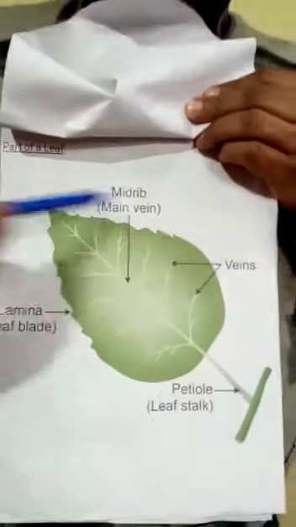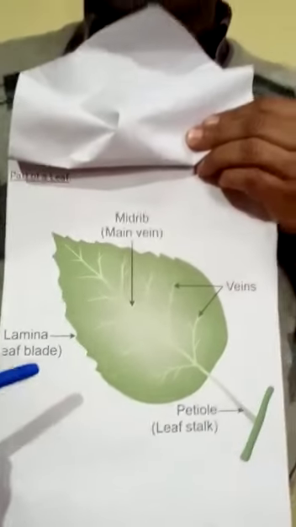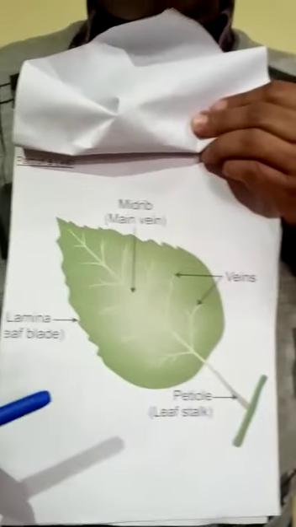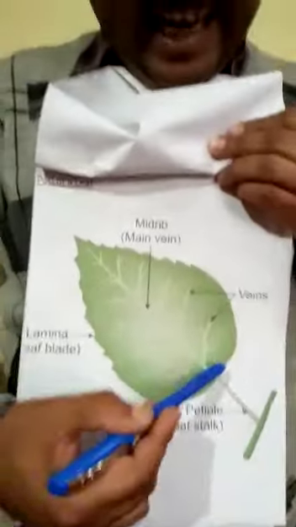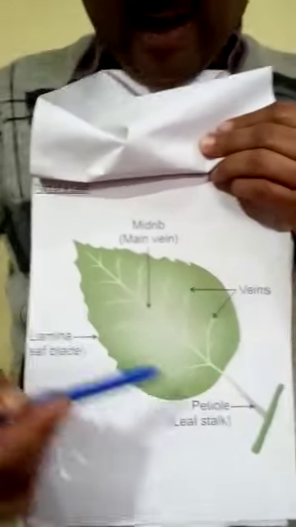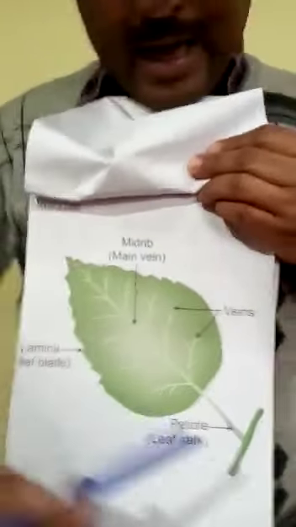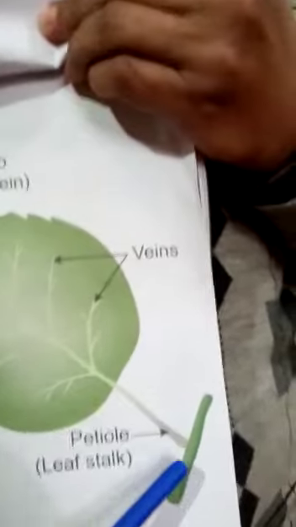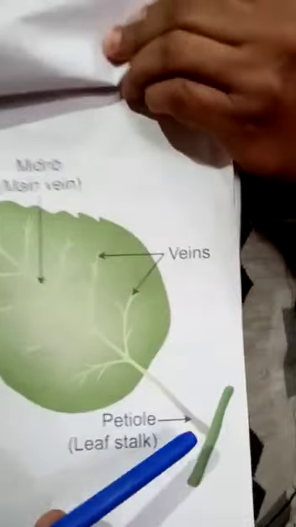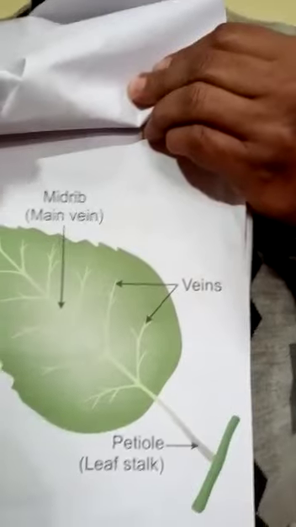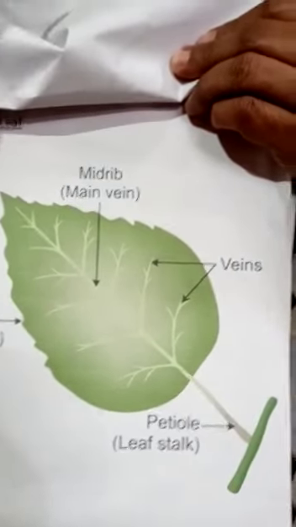It consists of three main regions visible to us. The first is called the leaf base, the second is the leaf stalk, and the third is the flat surface of the leaf. This is the leaf base. It is the region at which the leaf is attached to the stem.